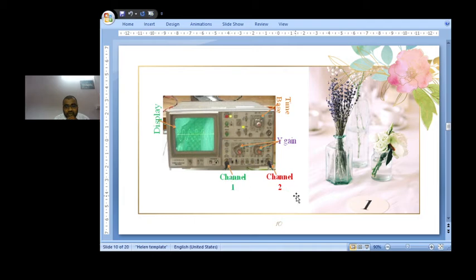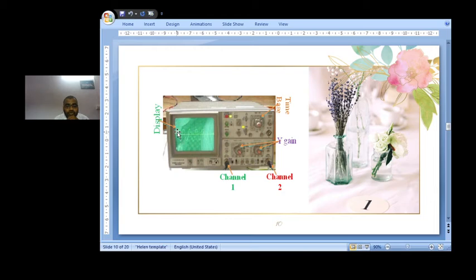This is channel 1, this is channel 2. We can feed any AC signal from any generator or from an instrument, and after some adjustment, you can get this signal.